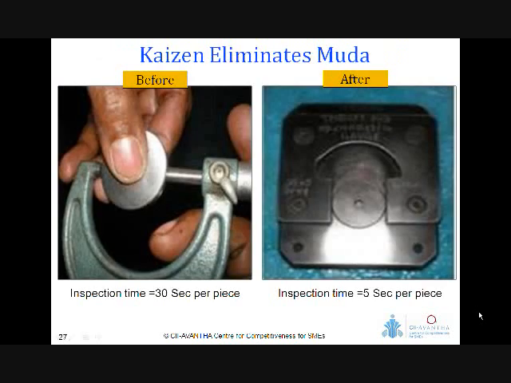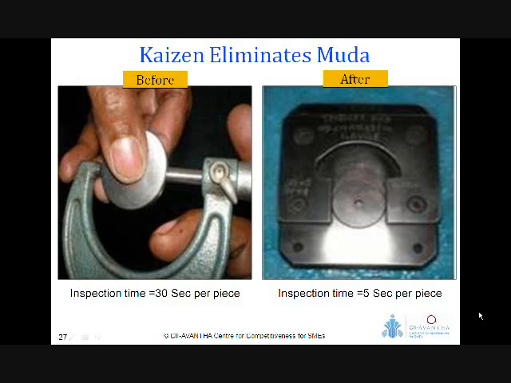One example: if you have to measure the diameter, you are using a micrometer. It requires 30 seconds per piece if a scale inspector is there. Somebody suggested, if we are producing 1000, 2000 components, why use a micrometer? It is a time-taking activity, it generates Muri and productivity is very low.